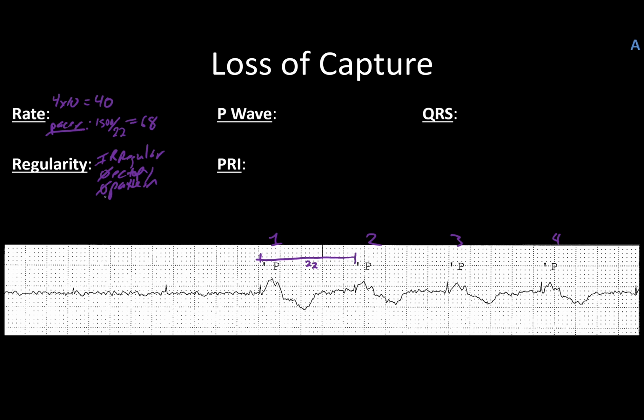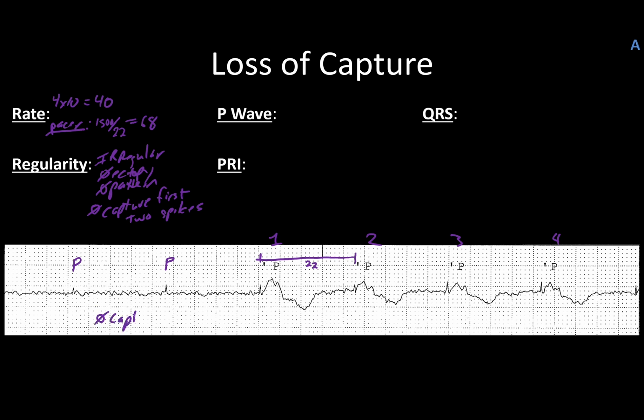We just know that no capture on the first 2 pacer spikes. And so this right here and this right here are the pacer spikes that didn't catch. And so we have no capture.